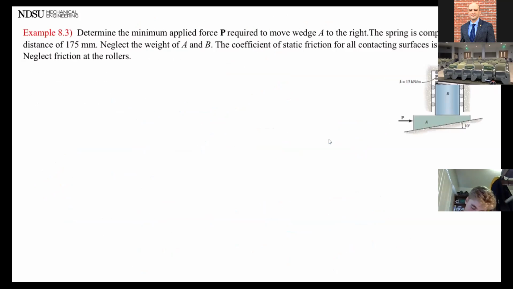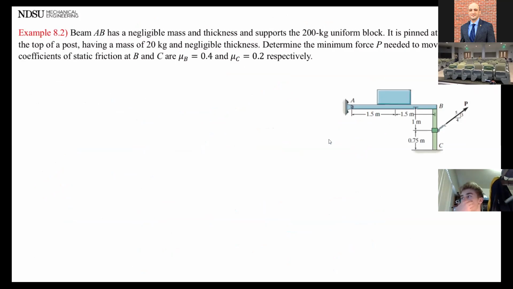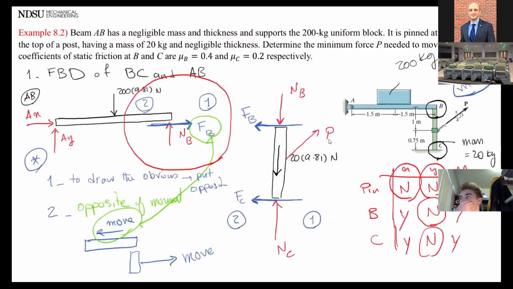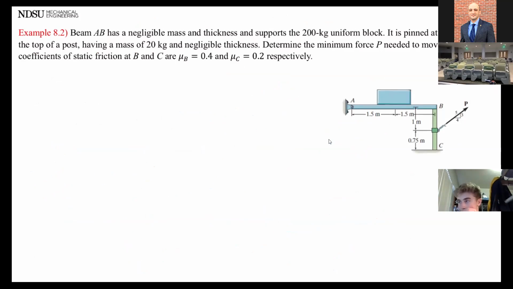Okay. And then obviously when I start solving, you can ask questions if you remember something. So let me redraw this free body diagram really quick here. This is something we've already discussed and went over.